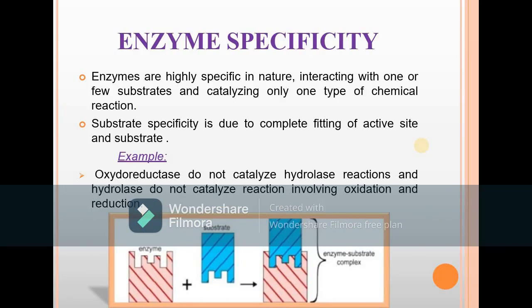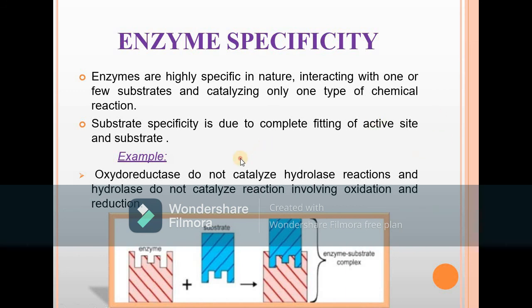Then there is the next thing about enzyme specificity. A specific enzyme is for a specific substrate, or we can say a specific substrate is for a specific enzyme. So enzymes are highly specific in nature, interacting with one or few substrates and catalyzing only one type of chemical reaction. Like it interacts with different substrates but catalyzes only one type of chemical reaction.